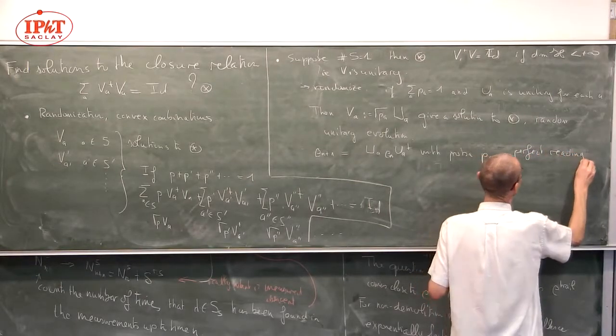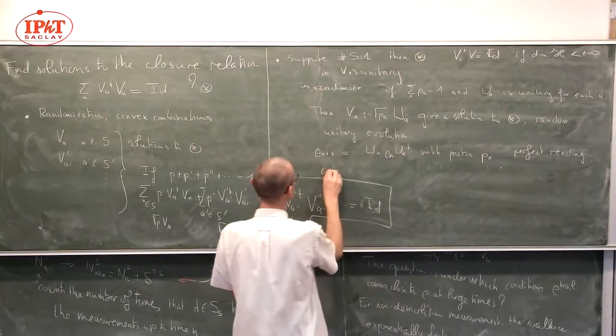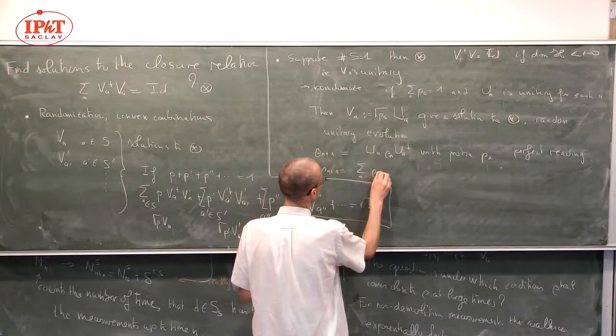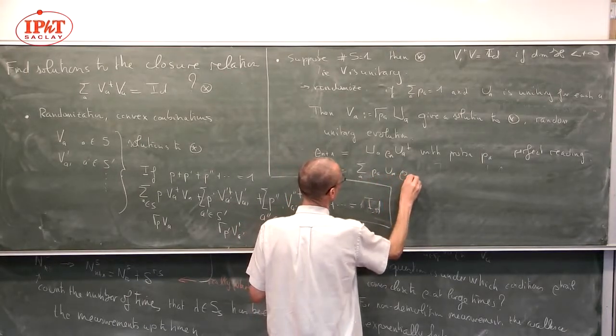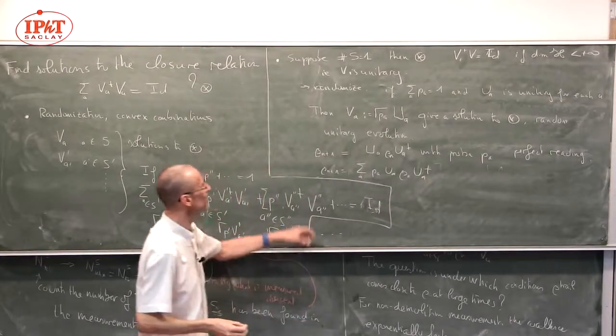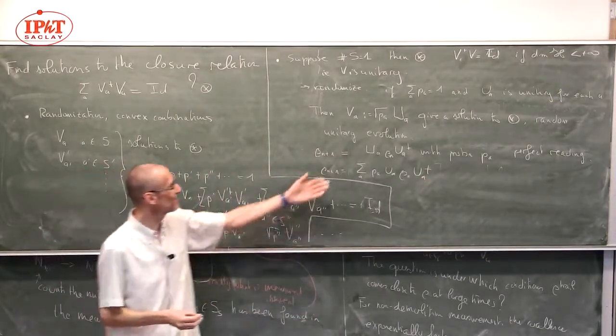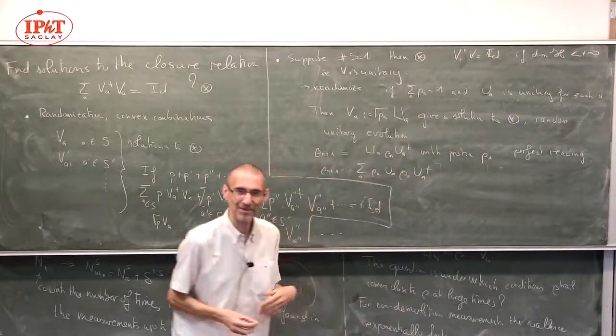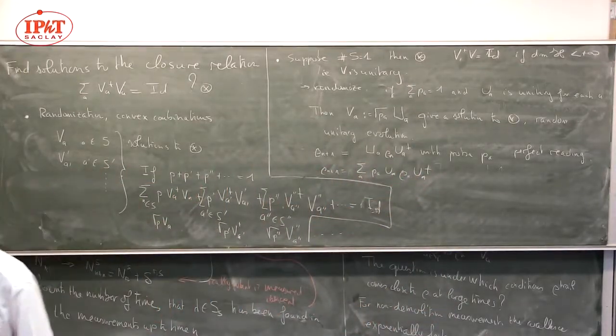Of course, this is still unitary, but if you do no reading, then rho n plus 1 is just going to be the sum over A of P_A U_A rho n U_A dagger. And this one is clearly not unitary anymore, and you have to study precisely the eigenvalues of this transformation, and in general, it's far from unitary.